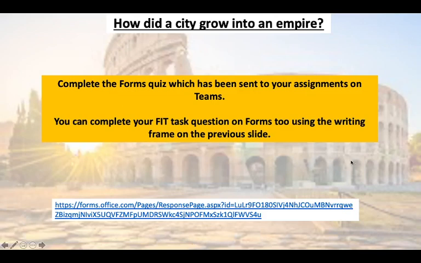Once you have done that, complete the forms quiz, which has been sent to your assignments on Teams, and in case you can't find the assignment or the quiz on assignments, I've placed the link here, which you can click on, and that will take you directly to it as well. So, like I said, you can complete your fit task question on Forms as well as the other quiz.